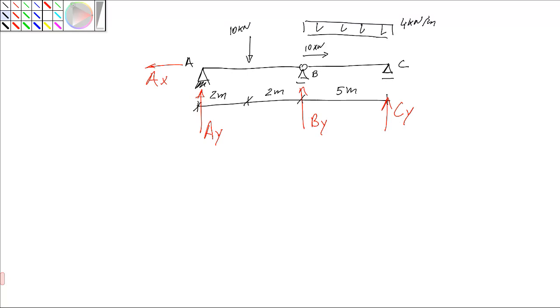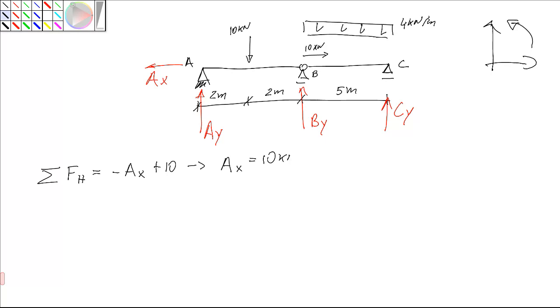So let's see, we can start by doing the sum of horizontal forces and using the custom referential. We have minus AX, this guy here, and you have this one here, 10 kilonewtons. So as a result, AX is equal to 10 kilonewtons.